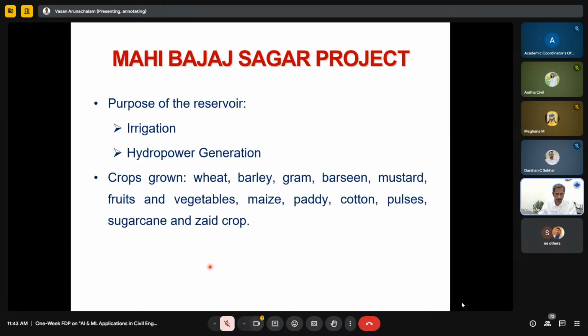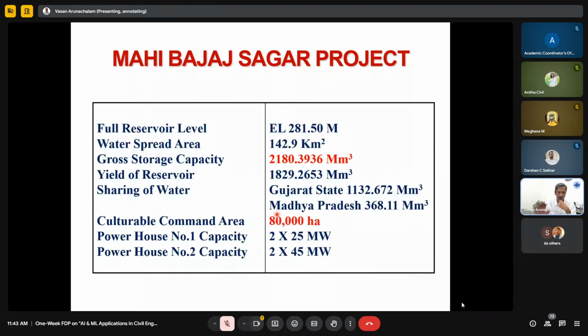Briefly, its main purpose was to cater to irrigation and also to hydropower generation if there is more water. These are the various crops grown in the command area. Now, these are some of the salient features of this project. They have an inter-sharing agreement between Gujarat and Madhya Pradesh, and they have an area where different crops need to be grown.